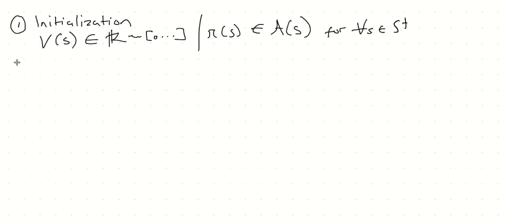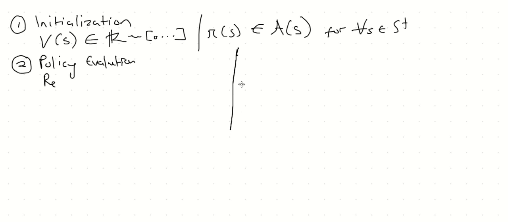So the first step is policy evaluation, right? We've already gone through this algorithm, so I'm just going to speed it up. I'm going to split this part into two so that it doesn't confuse. So we repeat the following.